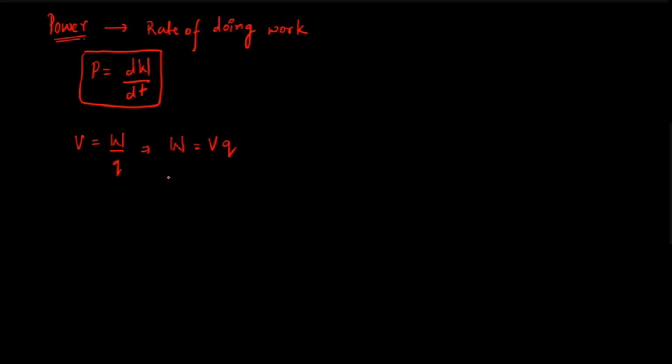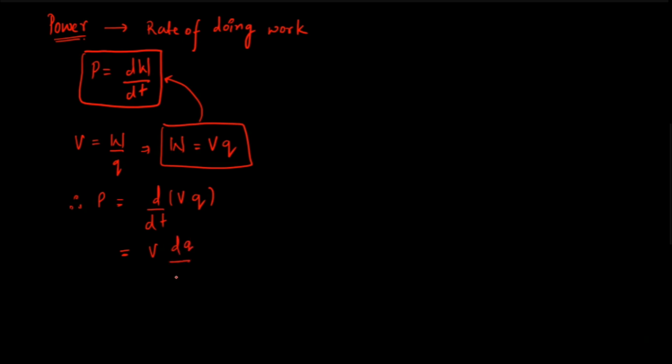If we substitute the value of work in this equation, we'll get power as d by dt of V times charge. So potential is a property of the battery which remains constant. So inside we are left with dq by dt. We already defined current as the rate of flow of charge. So dq by dt is nothing but current. So power can be written as VI.